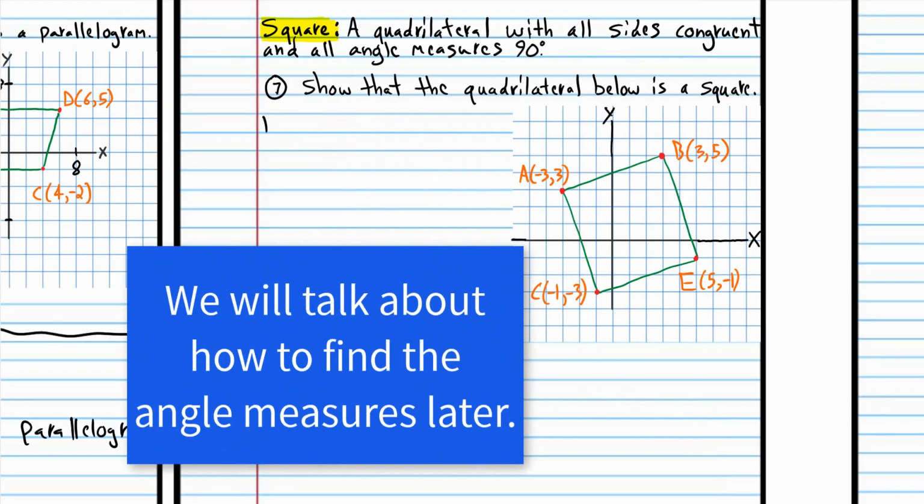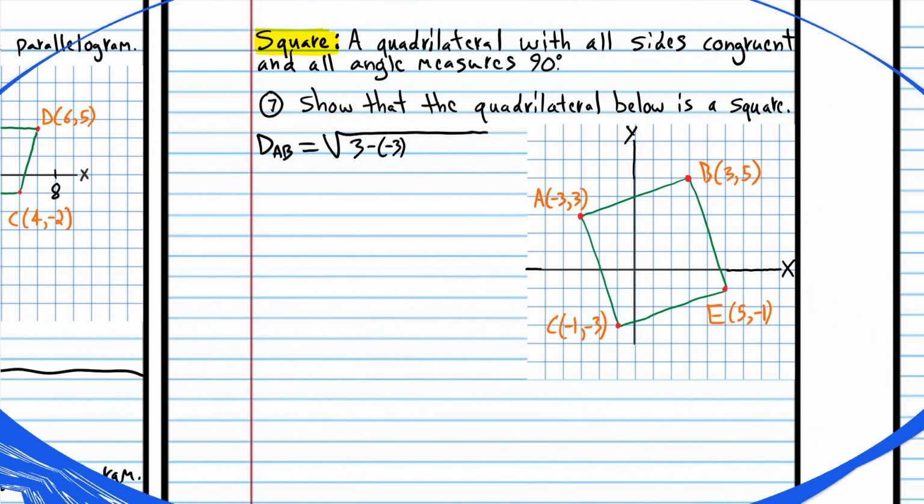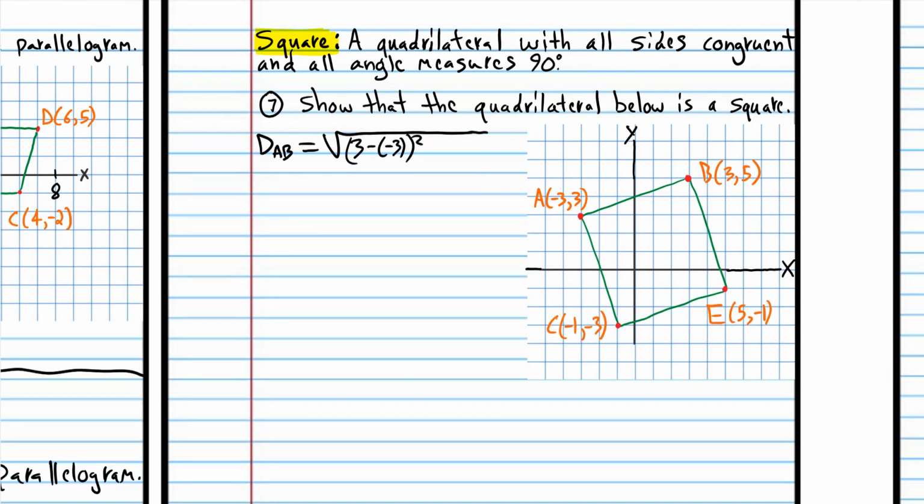All right, so we're first going to find the distance between the points A and B. I'm using A as the first point. So we have 3 minus negative 3 squared, and we have 5 minus 3 squared.